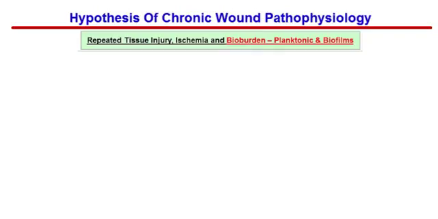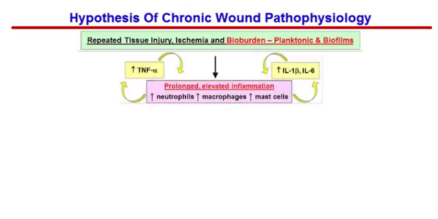And it is the combination of the planktonic and biofilm bacteria that stimulate the initial chronic inflammatory response. And we can measure that by measuring the levels of pro-inflammatory cytokines in wound fluids and biopsies, such as tumor necrosis factor alpha, or IL-1 and IL-6. And these pro-inflammatory cytokines do exactly what they're supposed to.